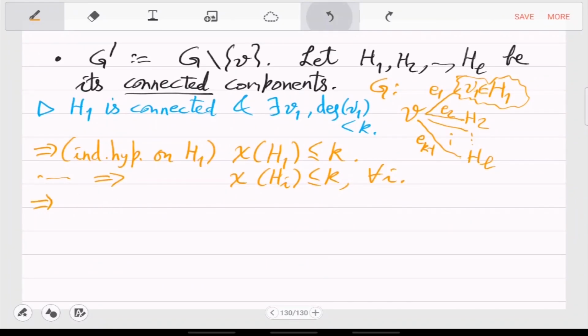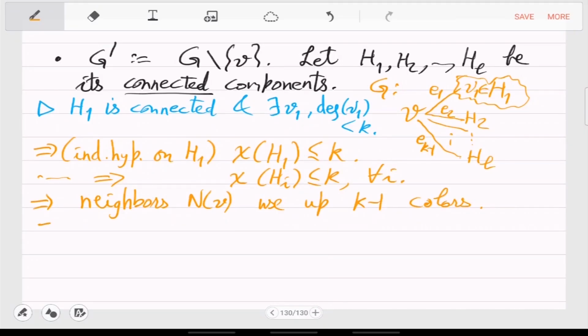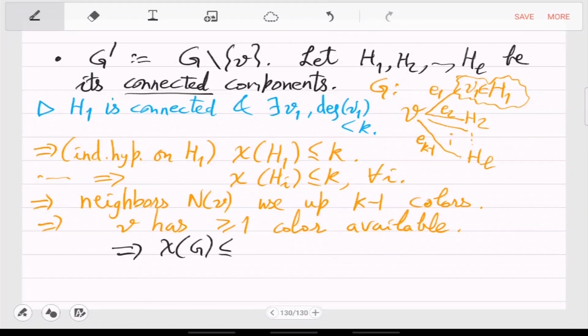So neighbors N of v, they use up k minus 1 colors, which means that v has at least one color free. So you use that color, color the graph G, getting chromatic number at most k.